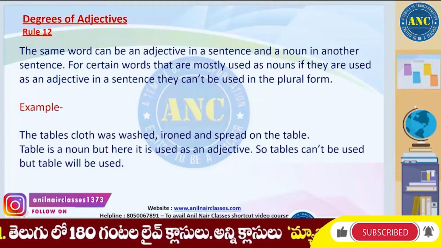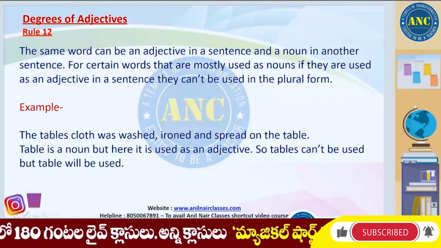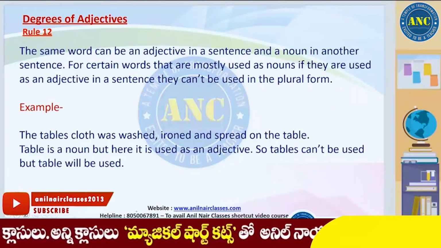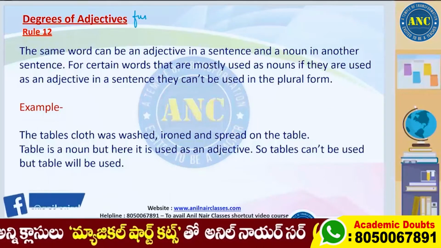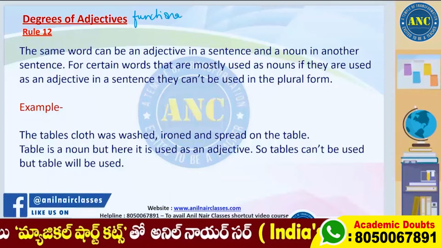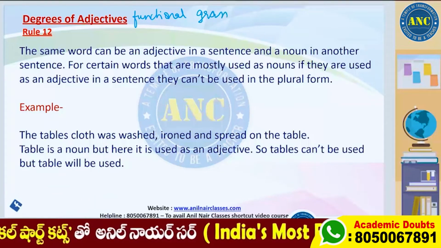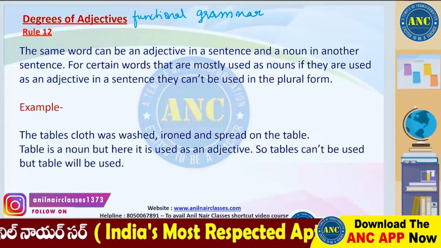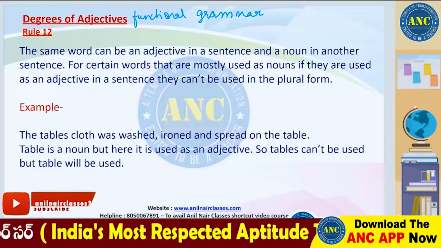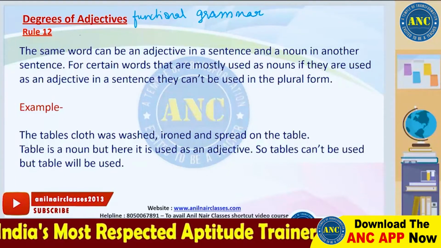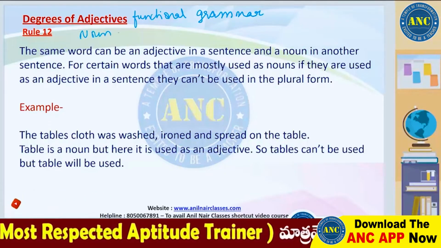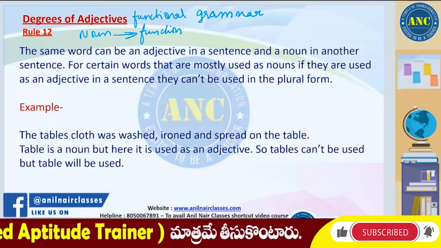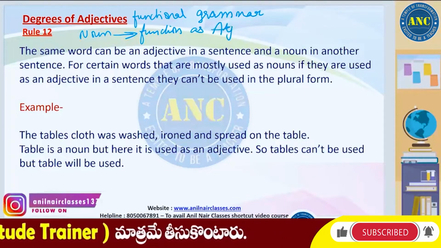Now you should know that we are learning grammar in the form of functional grammar. When we talk about functional grammar, we are looking to see what exactly a word is functioning as in context to a sentence. So a noun can also function as an adjective.